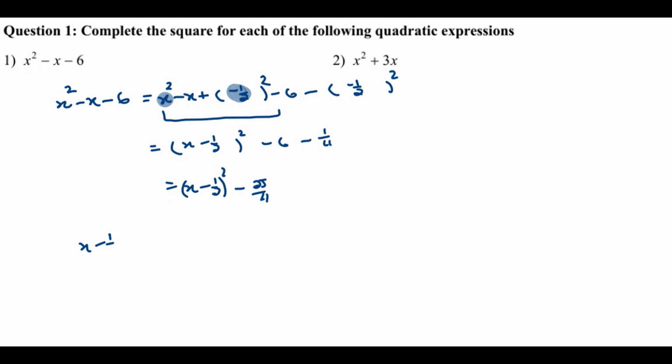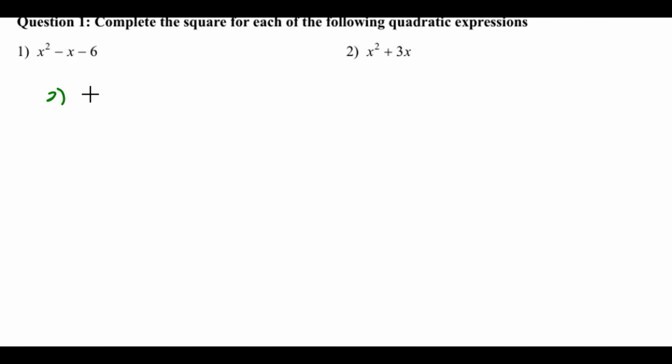So x minus a half all squared minus 25/4 is called completing the square form or turning point form. And you'll see where this is used when we do the quadratic function.